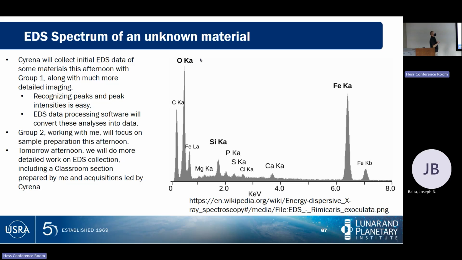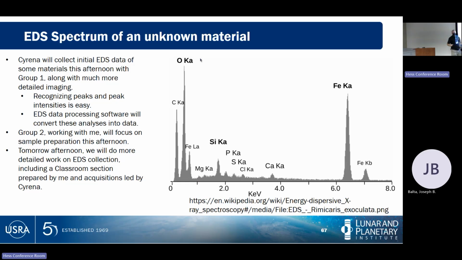But then we get X-ray release with a certain energy characteristic of the atoms that are in our material. Our material here has a little bit of silicon, some calcium, a lot of iron, and a lot of oxygen.